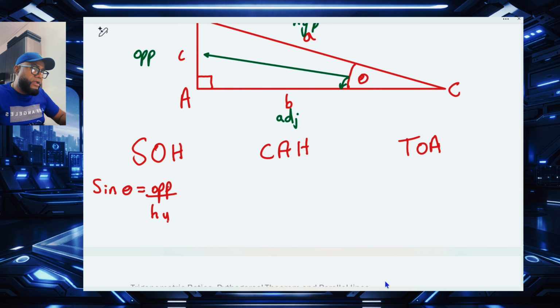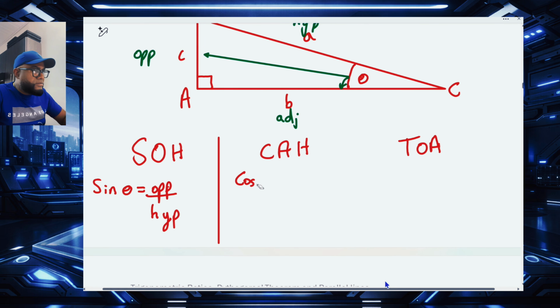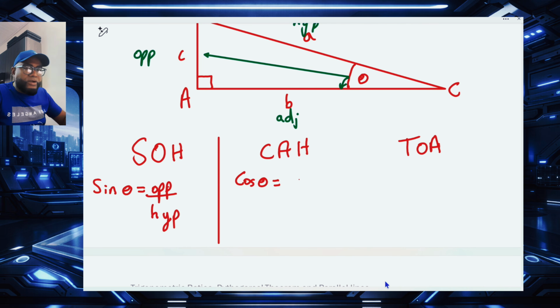Opposite over hypotenuse, right? Then CAH, the C stands for cosine, right? Well, we'll just write cos. Cos of the angle theta would be equal to, what does the A stand for, my children?